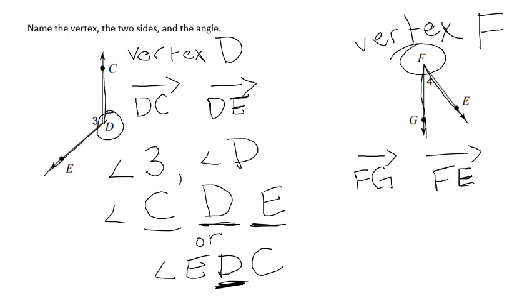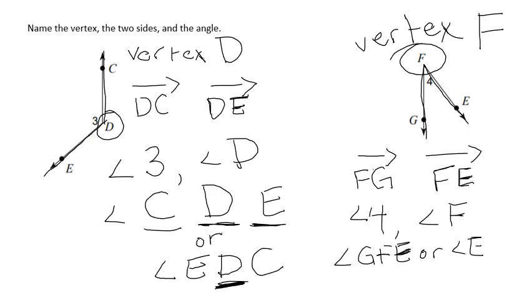Now we have a couple of ways to name the angle. We can call the angle angle 4 because it has a 4 in the vertex. We can name it angle F with just the vertex, or we can name it GFE, or we can name it in the reverse, EFG. Now remember that F, that vertex, has to be the middle letter.